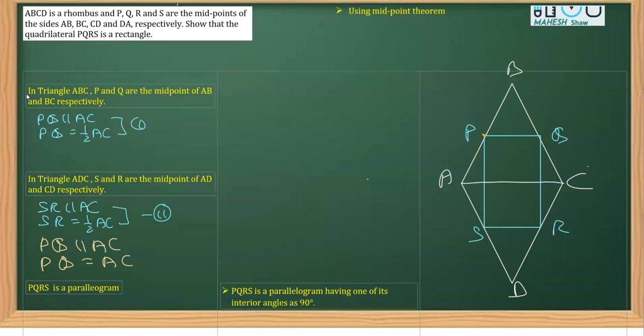So let's see what to do in this case. For that, we will be joining its other diagonal, and we can join either BD or AC, but AC is already joined, so we'll be joining BD.